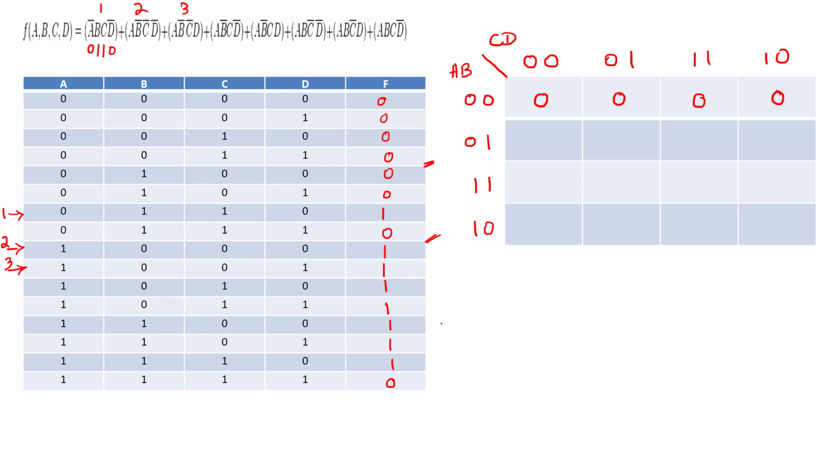Let's label it in terms of 4 rows each so that we don't make a mistake. Now in the second group of 4, I start with AB 01, which is my second row, and CD 00, which is my left column. And the value of that is going to be 0, so I write a 0. Next is 0 1 0 1, so it is the next column. The value of that is going to be 0 as well.